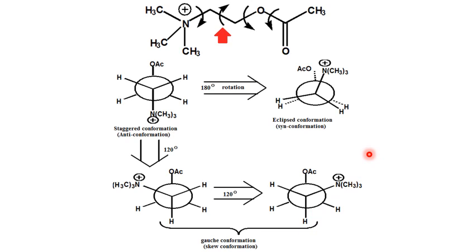So if you want to design a drug that binds to the muscarinic receptor, then you would design one where these two functional groups would have the same distance as the anti-conformation. But if you want to design one for the nicotinic receptor, then you would design a drug where these two functional groups have the same distance as in the gauche conformation.